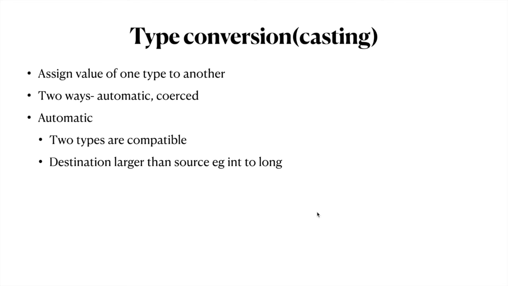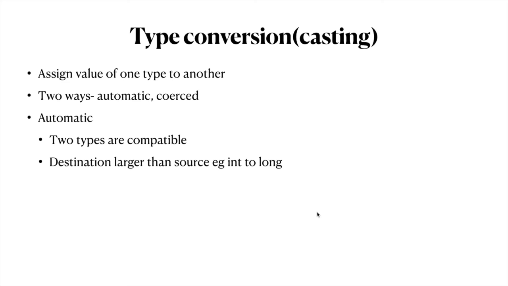So when we say automatic conversion, the two types must be compatible, and the destination must be larger than the source. For example, we can have automatic promotion of the int data type to the long data type. We cannot have automatic promotion of long to int.